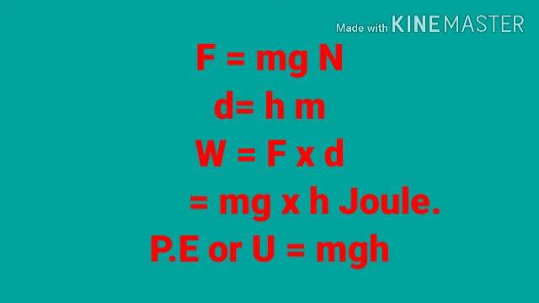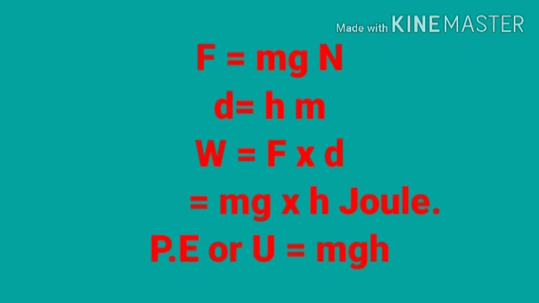We know work done is equal to force into distance. That means force is equal to mg and d is equal to h. So it will become mgh. This work done against the force of gravity is stored in the body in the form of its gravitational potential energy.